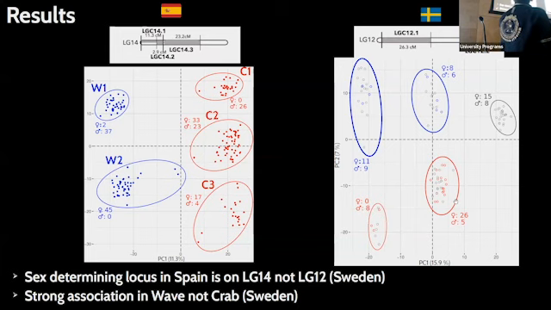This is chromosome 14 in the Spanish system, and I'm looking at this specific region, 14.3, and this is chromosome 12 here in Sweden, and I'm looking at this specific region, 12.2. We already knew that this chromosome was implicated in sex determination in Sweden, as you can see here, and particularly in the crab ecotype.